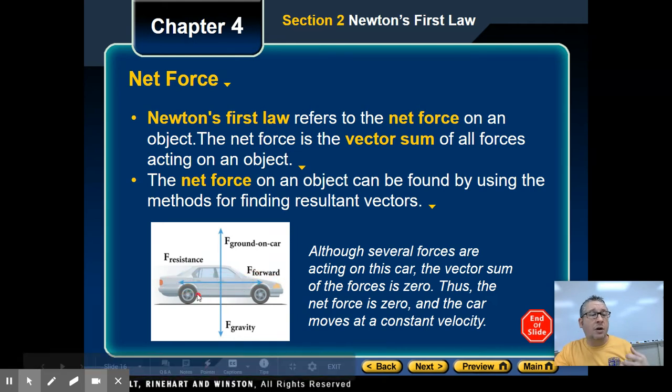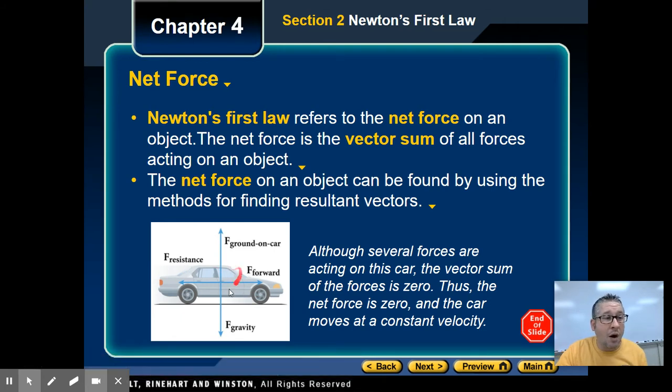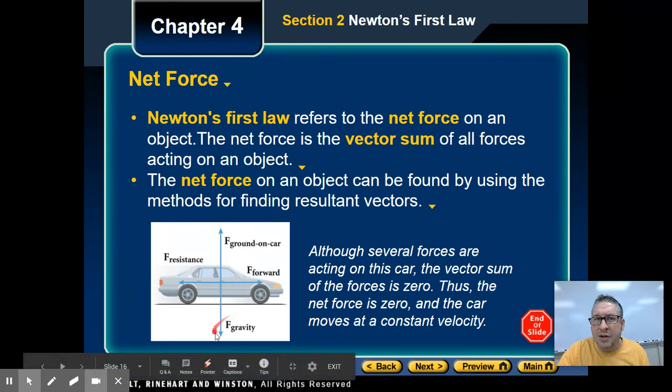So if this car is going forward, then the velocity of this vehicle will remain unchanged because there is a net sum of 0 on this car. If we were to change any of these, then we would have a change in motion. So it all depends on if we have what's called equilibrium or not.